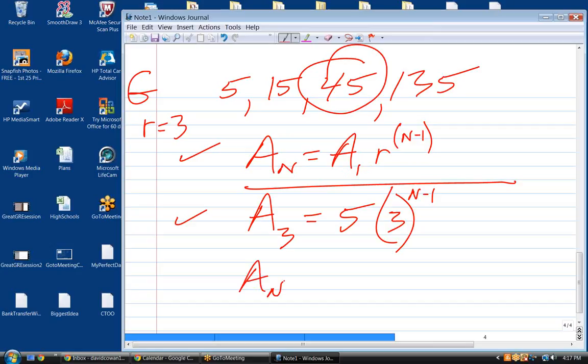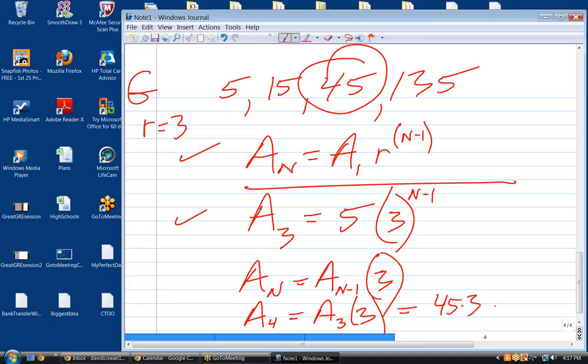If I'm going to make it an expression of the previous term, what is it? It's 3 times the previous term, right? In other words, the fourth term, a sub 4, would be equal to a sub 3 times 3. Well, that's 45 times 3, 135.